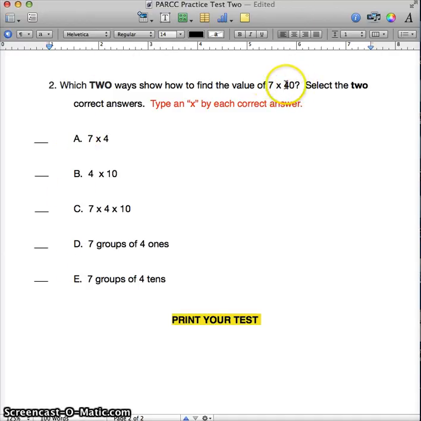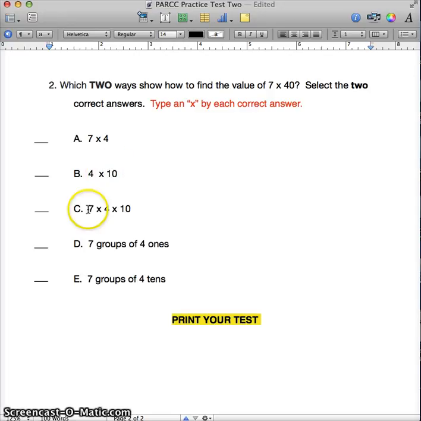Let's go down and look at our choices. You're looking for something that's equal to 7 times 40, and you're looking for 2 answers. Let's see. Well, this is silly. 7 times 4 couldn't have the same answer as 7 times 40. 4 times 10 couldn't have the same answer as 7 times 40, but if you don't believe it, try it. 4 tens are 40. 7 times 40 is 280.